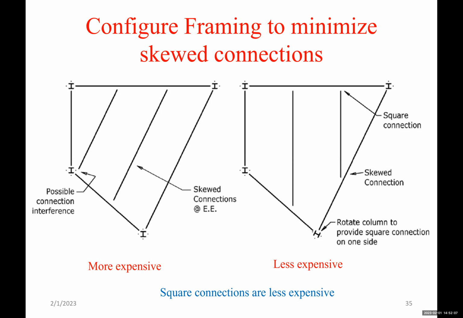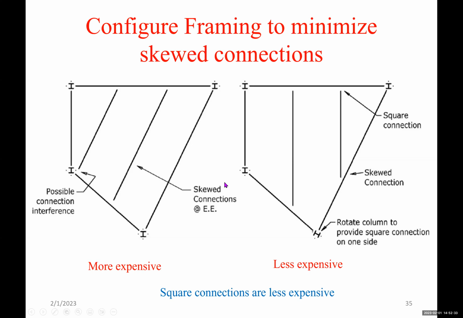So that's configure the framing, change the framing to accommodate that. Configure framing to minimize skewed connections. So if we have something like this, okay, so we know the column locations. Sketch the members, and see what options will give you less skewed connections.